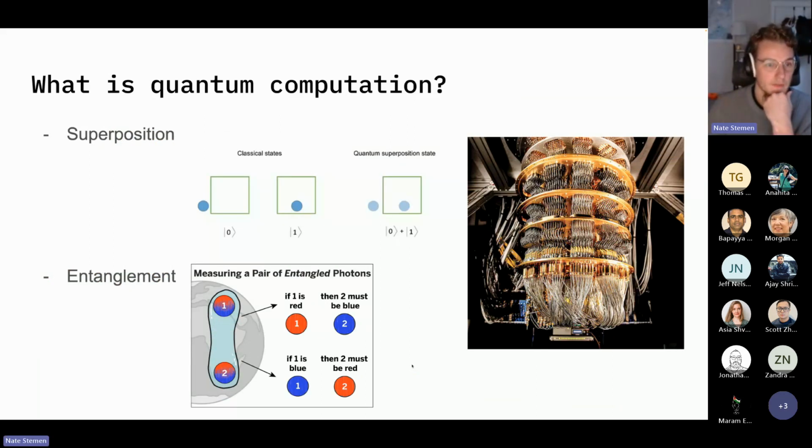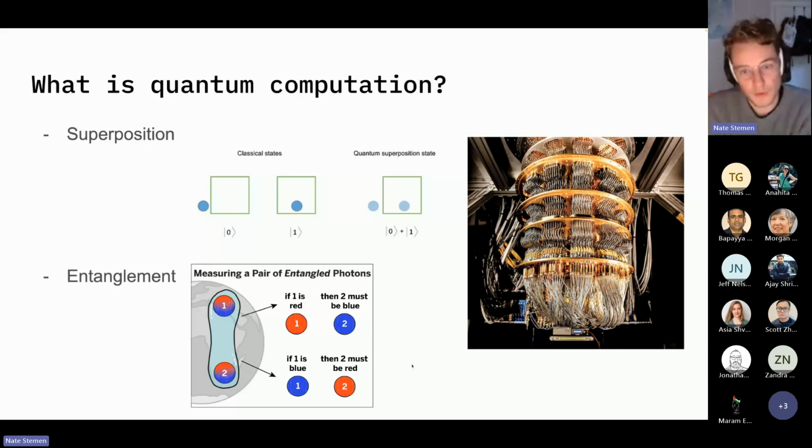So to go a little bit into the physics here, we're not going to go too deep, but if you're interested, feel free to ask. In quantum mechanics, we have to throw away a lot of our intuition about how the world works in order to understand it. And it's famously a hard subject to understand because of the way it breaks a lot of our intuition.